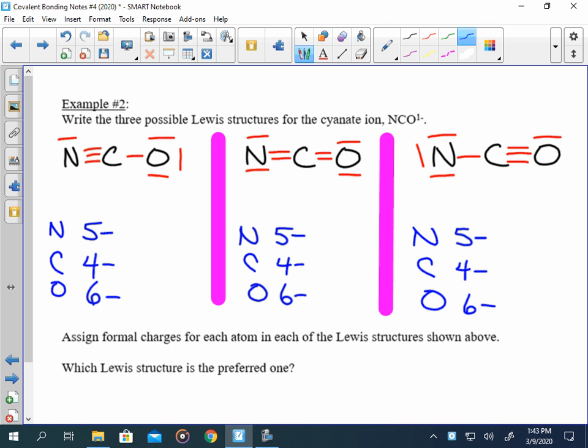As I look at that, there's the first one. Again, assign formal charges for everything.